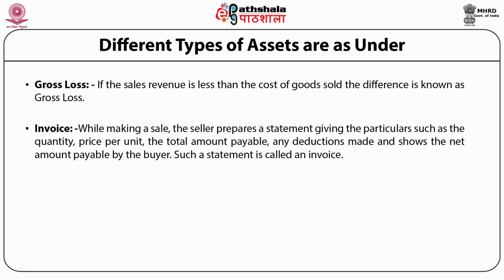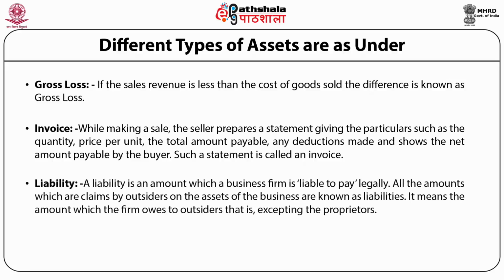While making a sale, the seller prepares a statement giving the particulars such as the quantity, price per unit, the total amount payable, any deductions made, and shows the net amount payable by the buyer. Such a statement is called an invoice.